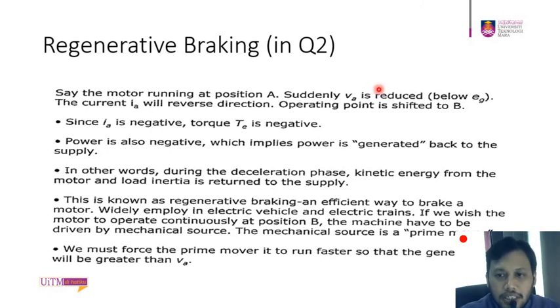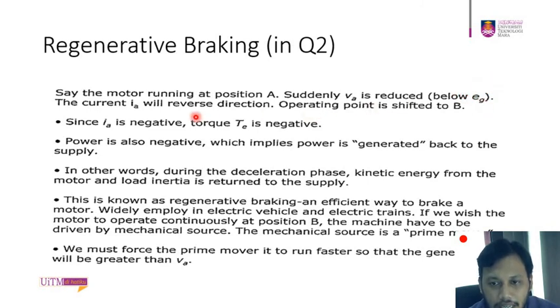So for regenerative braking, that is in Q2, say the motor is running at position A and suddenly VA is reduced below the armature EG.